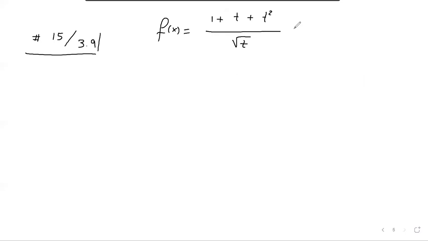I will do the exact same thing here. So the top part stays the way it is, 1 plus t squared, times t to the negative 1/2.